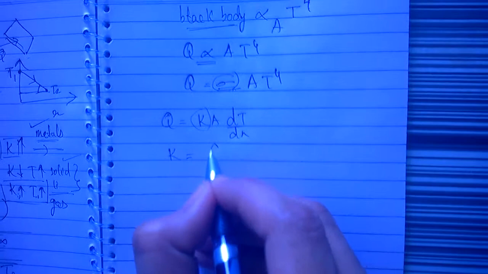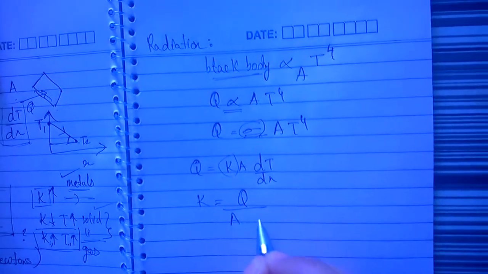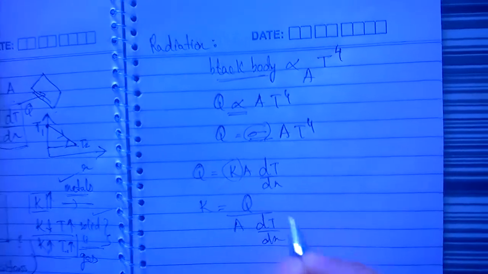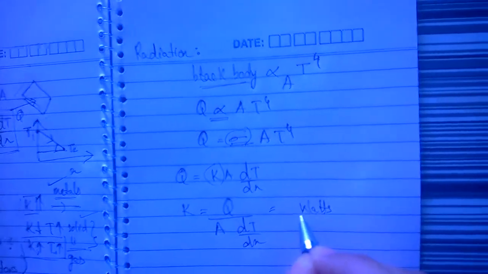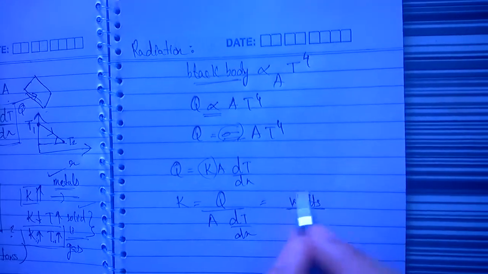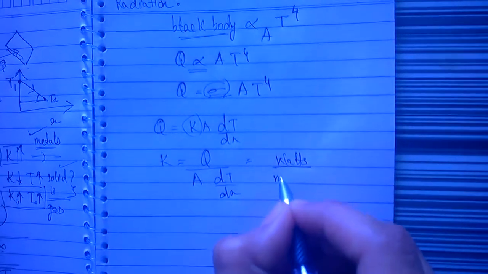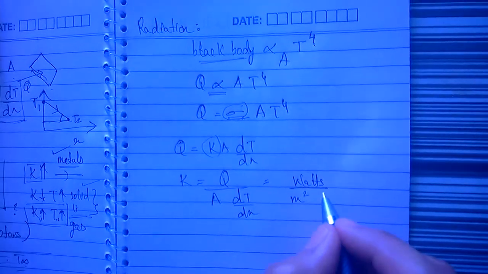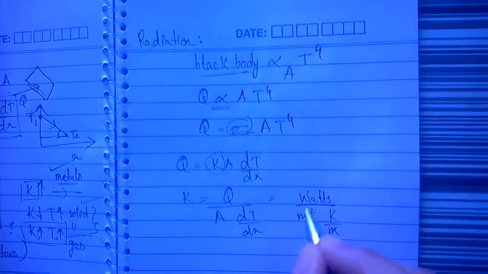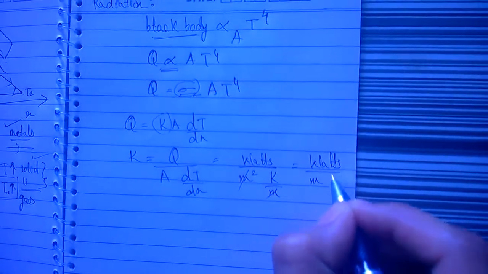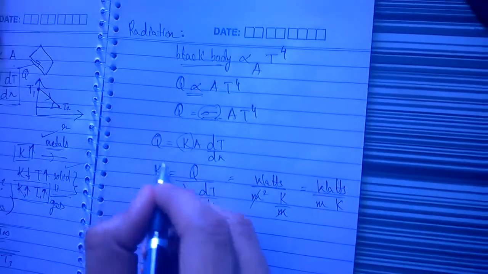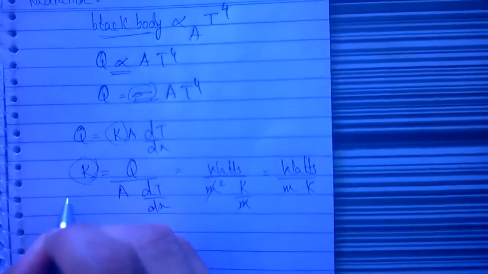So K equals Q divided by A into dT by dx. Q, which is energy transfer rate, is in watts, area is in meter square, and temperature gradient is in Kelvin per meter, so we cancel these off and have watts per meter Kelvin. So this is how you can find out the units of these proportionality constants.